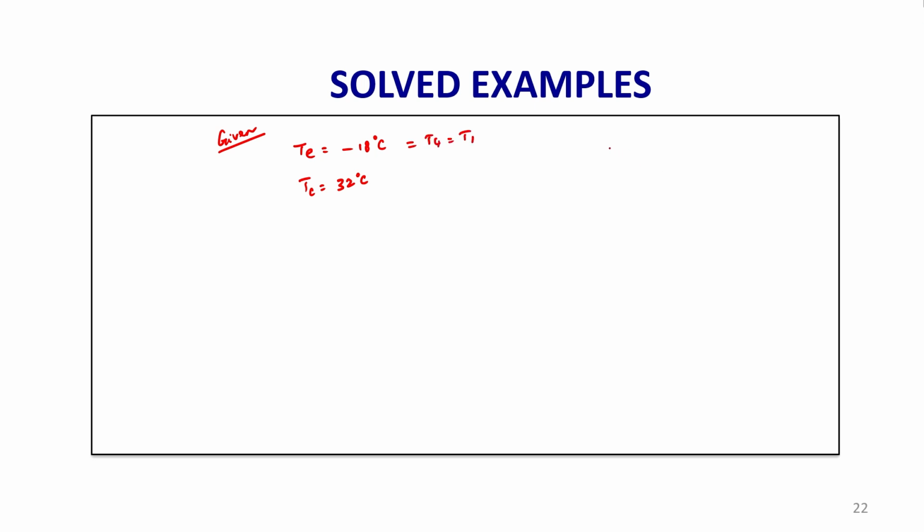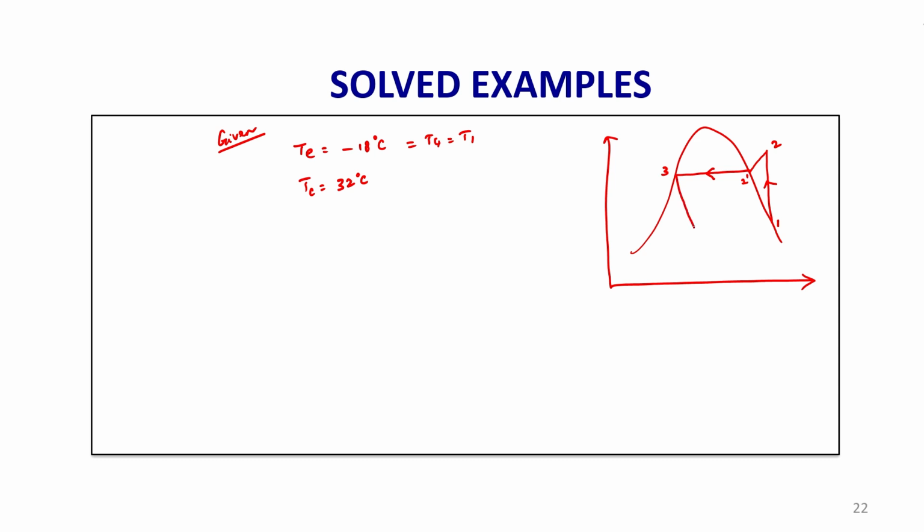So, let me draw the diagram again here. This is 1 to 2, then there is a little amount of cooling, then let me take this point as 2 dash, because we need to find out the property at this point. This is 2 to 3, then 3 to 4, 4 to 1.